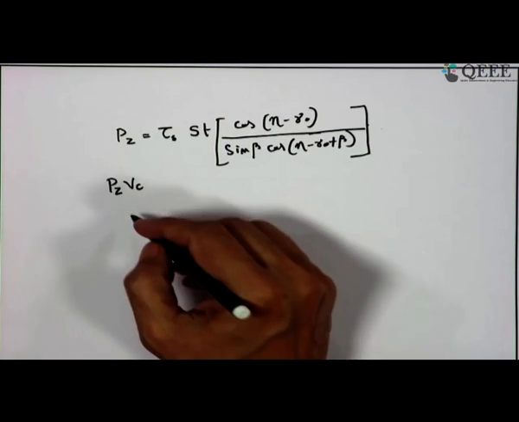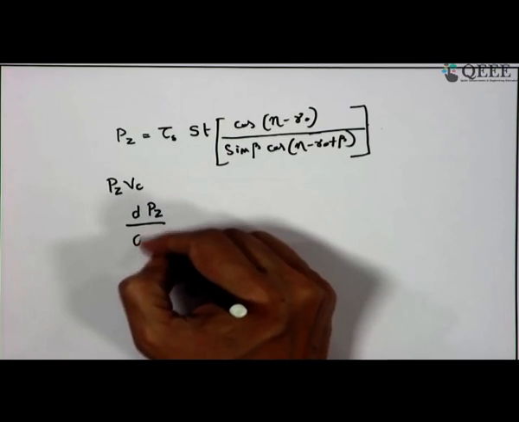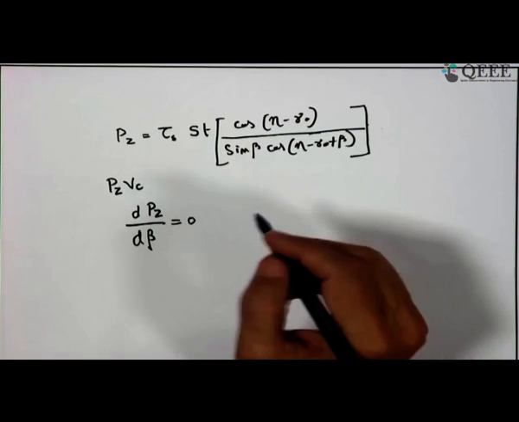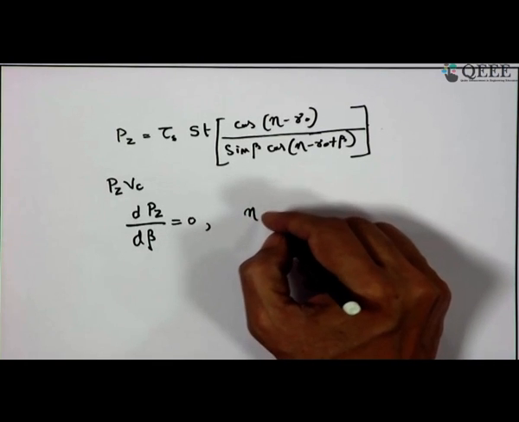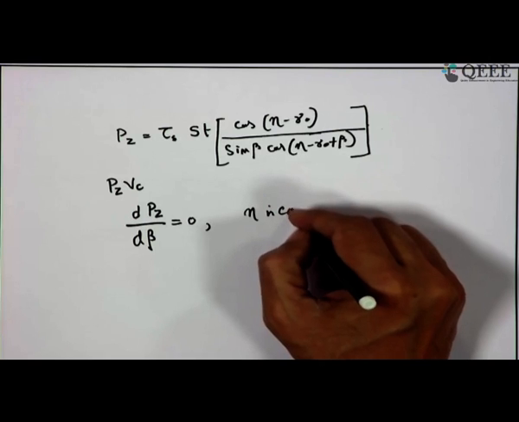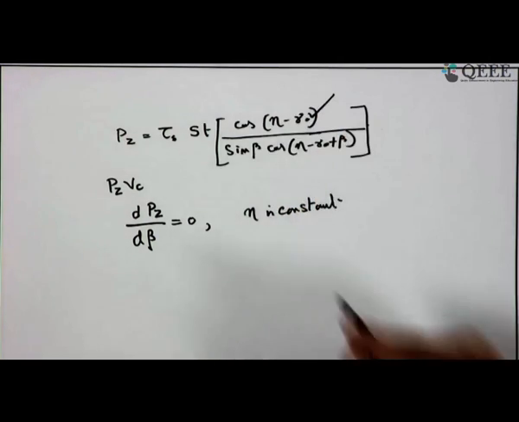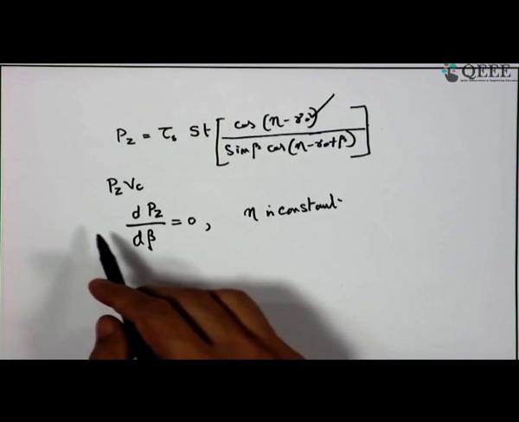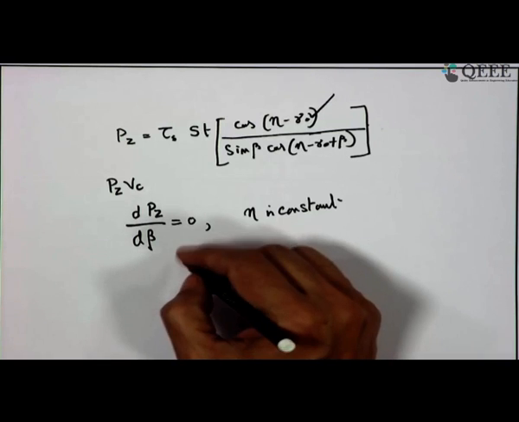What is done is we take the derivative of Pz with respect to the shear angle and put it to 0, considering that eta is constant, and definitely for a cutting tool gamma O is constant. So only beta may vary. If you put the derivative to 0, you arrive at this result.